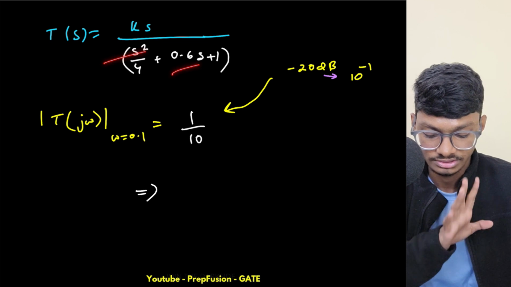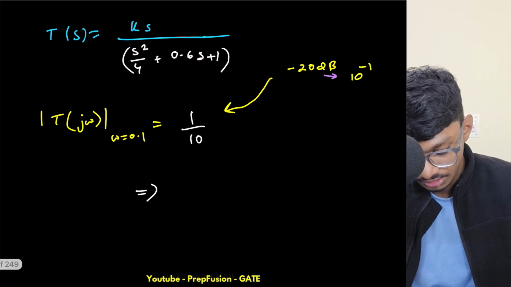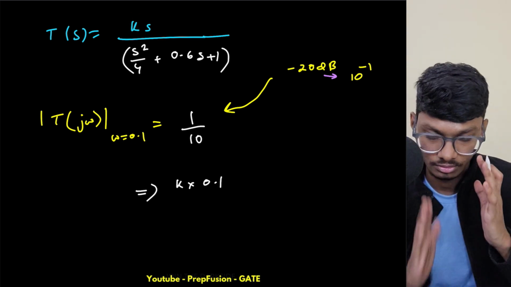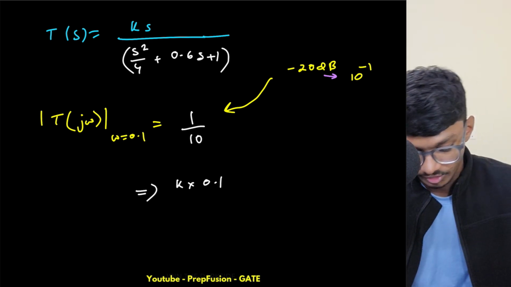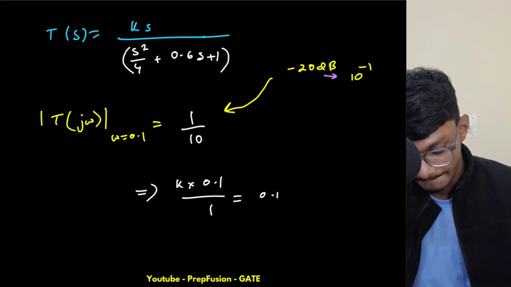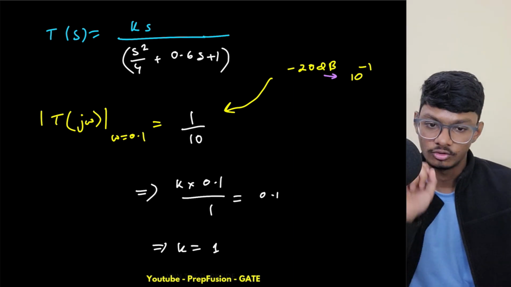You will see that all of these get ignored, only one is left. So k into s is k into j omega, magnitude is k into omega. So 0.1 divided by 1 will be equal to 0.1, and my k will be equal to 1 itself. So my value of k is 1.